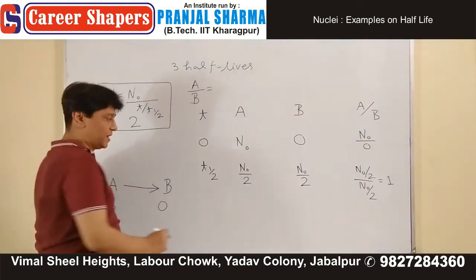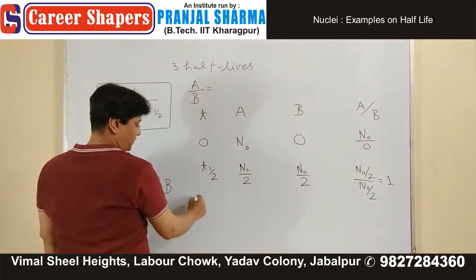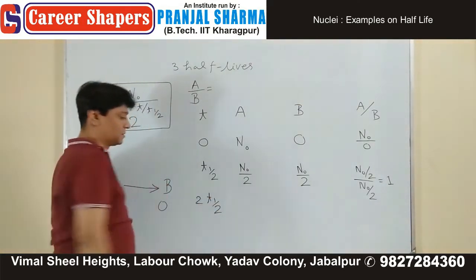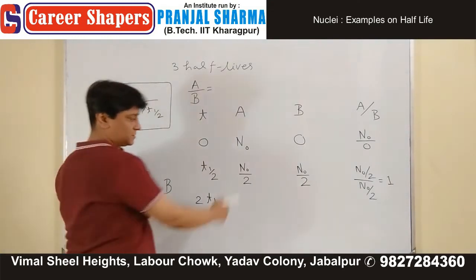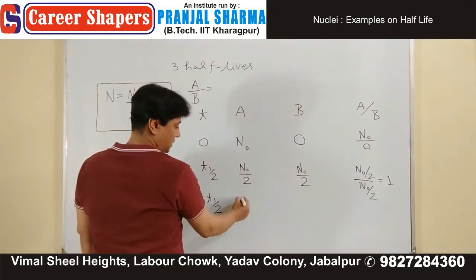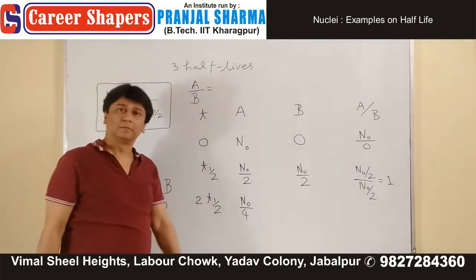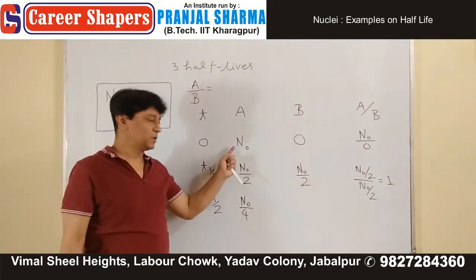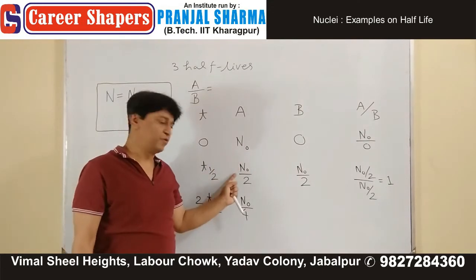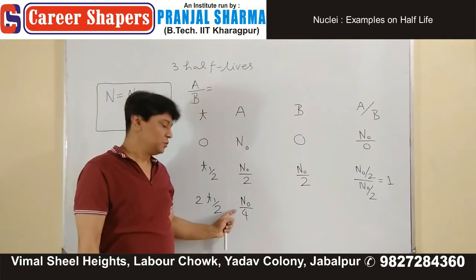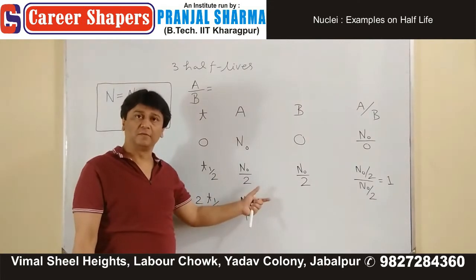After 1 half-life, after 2 half-lives, it becomes N naught by 4. This was 100, becomes 50, and then it becomes what? 25. So what happens to other 25?